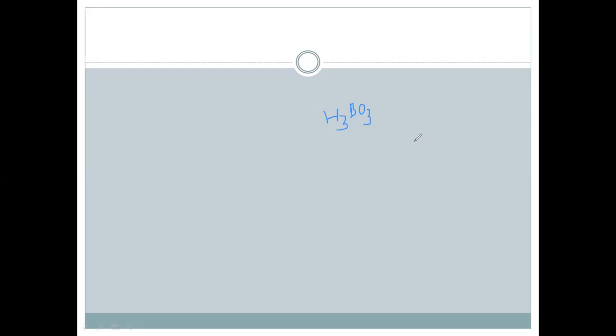I am going to get H3BO3, which is boric acid, orthoboric acid also, and I am going to get sodium sulfate. And H3BO3, if heated above 100 degrees Celsius, gives metaboric acid with formula HBO2. Above 100 degrees Celsius you have to heat it, then this will be converted into HBO2.